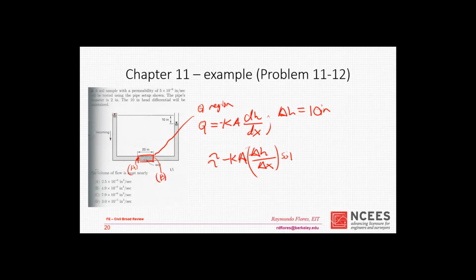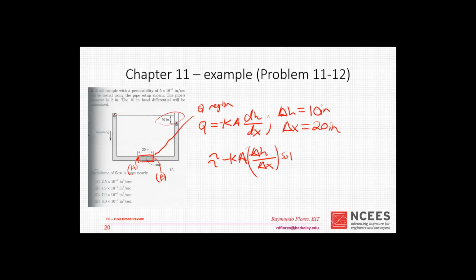We need to know what this is and what this is, based on what we see and what they give us. So obviously that's 10 inches. Delta X, remember, is the amount of length between what you're looking at. So in this case, it's 20 inches.